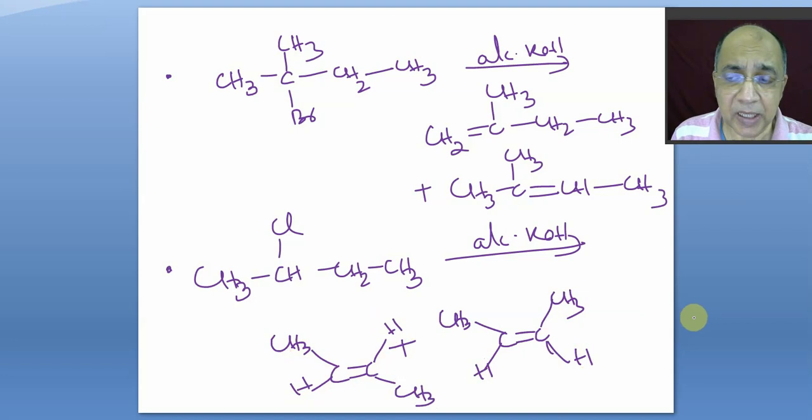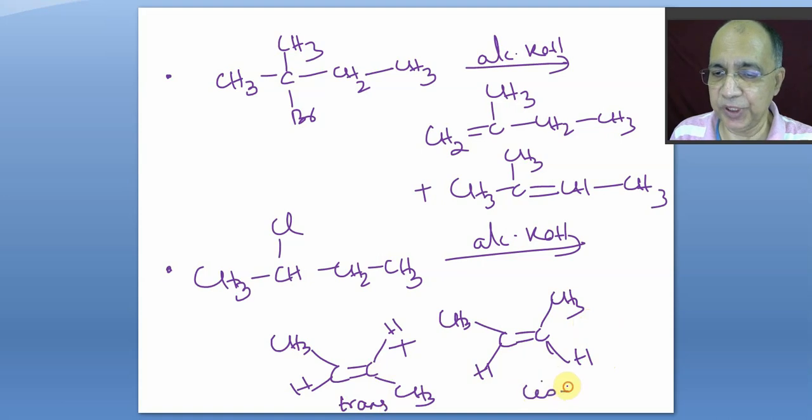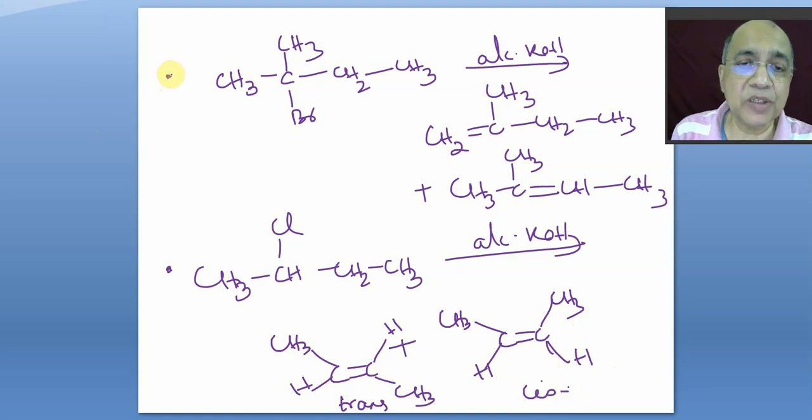I'm deliberately not writing the other structural isomer of butene. I am writing butene. This is trans-butene and this is cis-butene. Now, what is the fundamental difference between these two reactions in terms of selectivity, whether you coin the term regio or stereo?